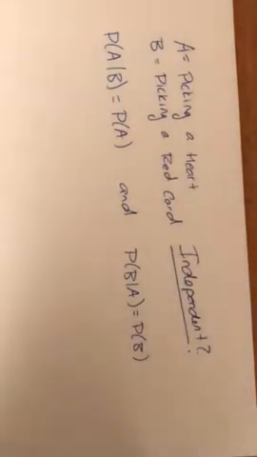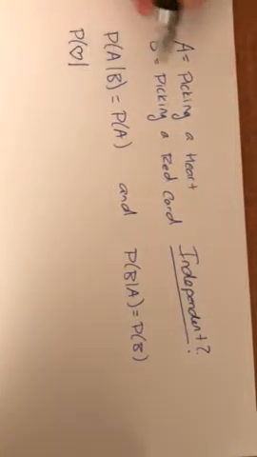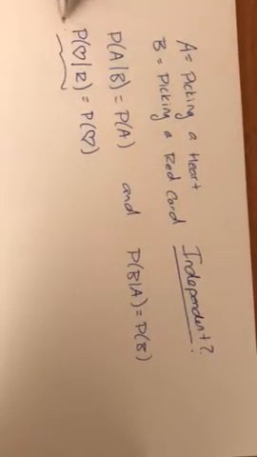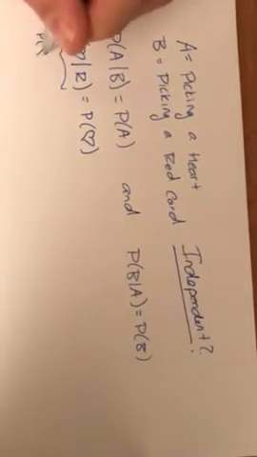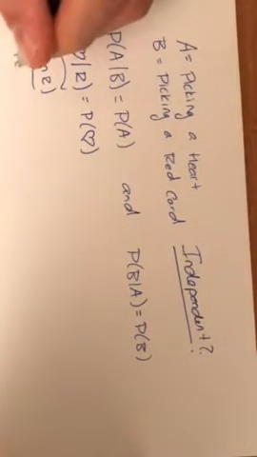Okay, so I'm going to check the one on the left first. So in this case, probability of A given B would be the probability of picking a heart given that it's red should equal the same as the probability of picking a heart. So in our case here, probability of picking a heart given that it's a red card, that's the probability of picking a heart and a red card over the probability of picking a red card.